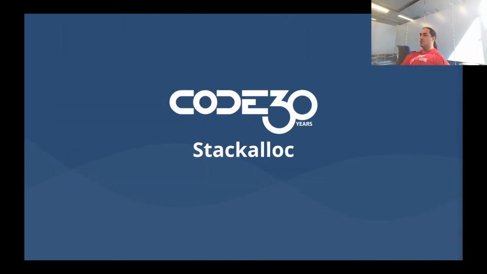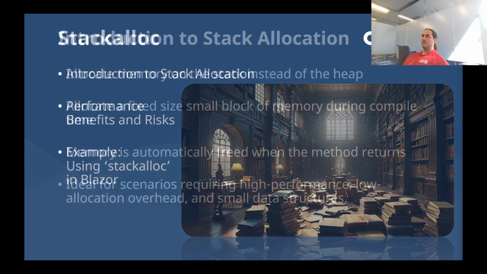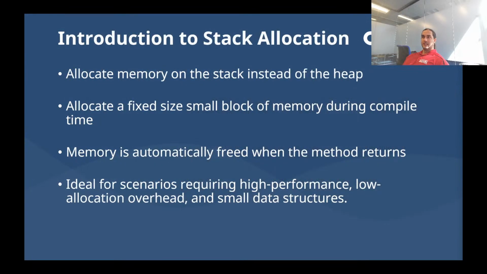Next up, we're going to look at Stackalloc. Stackalloc is, well, as the name implies, stack allocation. I'm going to check out what performance benefits and risks we have and some example. Essentially, we want to allocate memory on the stack instead of the heap, primarily for very short-lived data, arrays especially. We want to allocate a fixed smaller size block of memory during compile time for it.